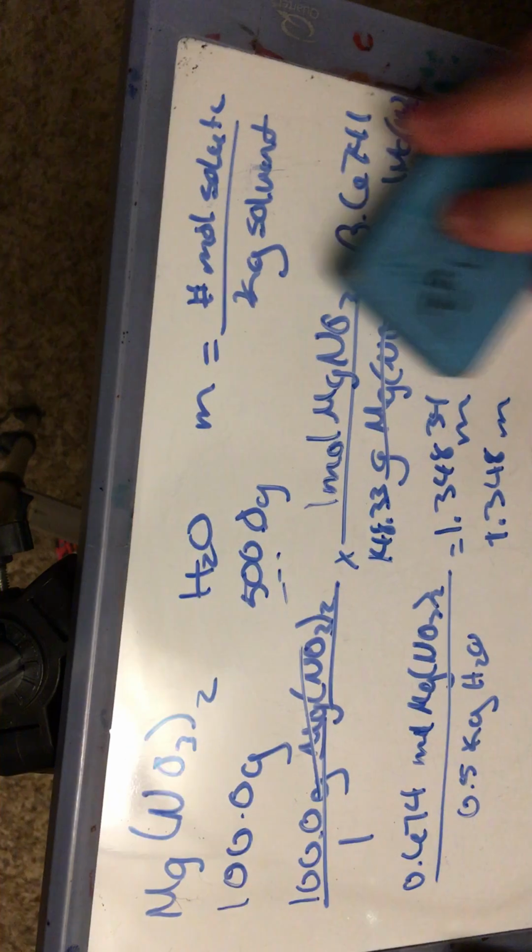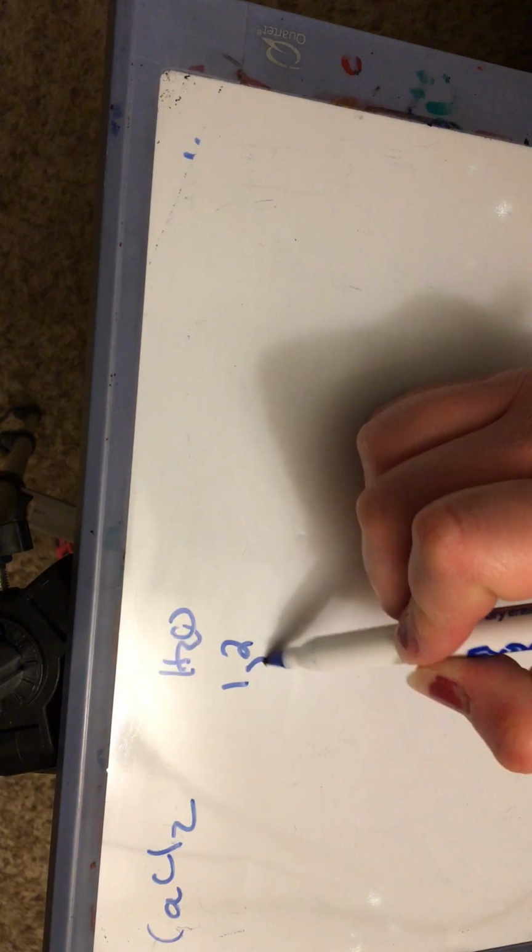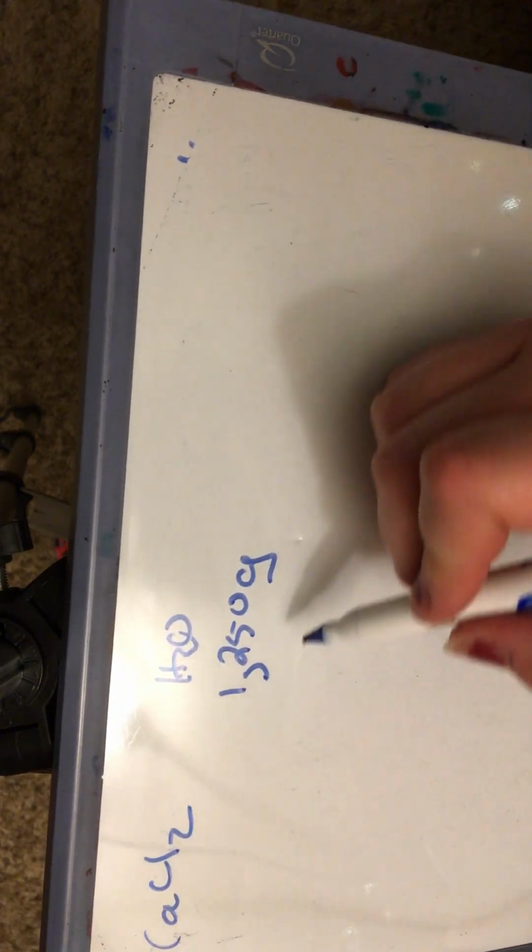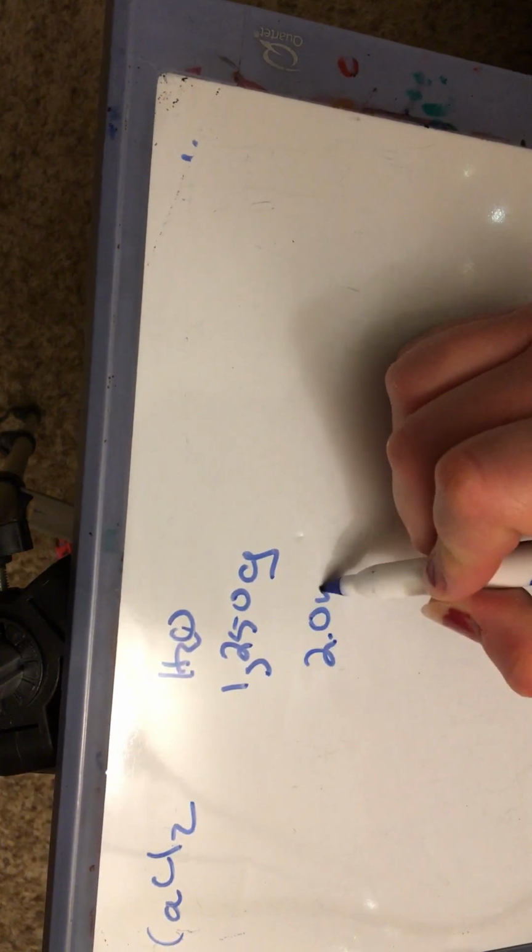So there's number 5. Number 6. How many grams of calcium chloride would you have to add to water at 1,250 grams? And we want a concentration of 2.0 molality.